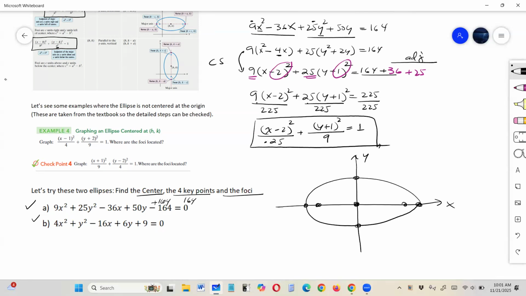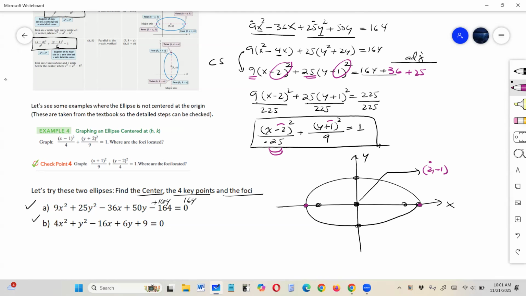Okay, so let's do the center first. So again, for the center, +2, -1. We flip the values just like the circle. Now, the major vertices, square root of 25 away from the center, which is 5.